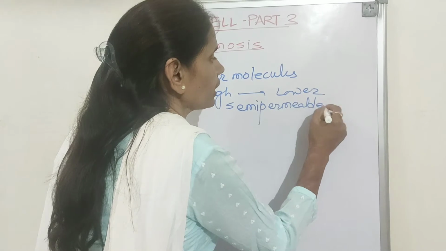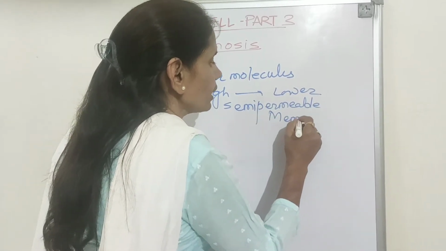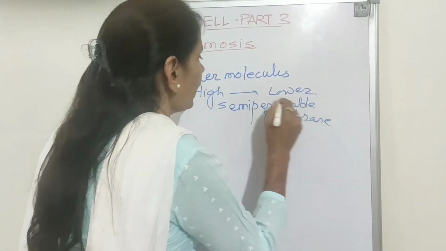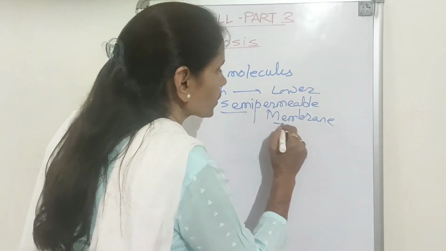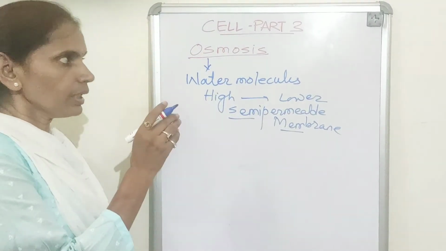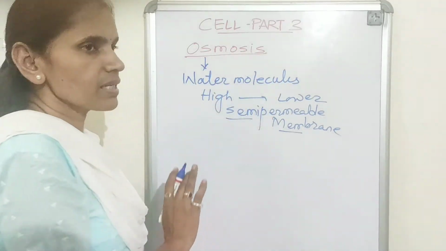In osmosis, the movement of water molecules occurs only across the semi-permeable membrane. Here, in our case, it is the plasma membrane.